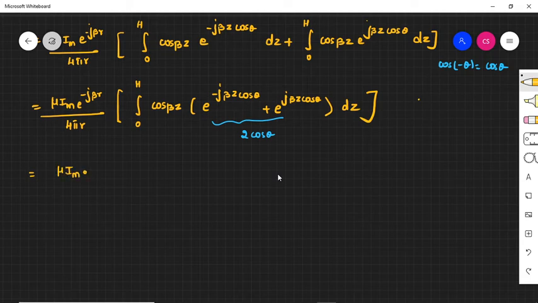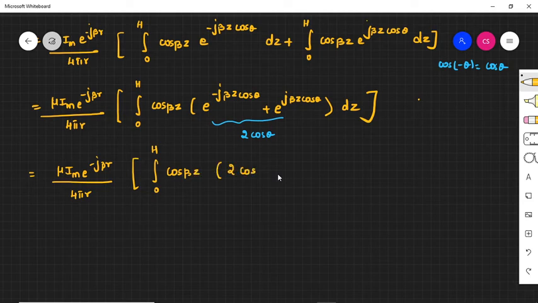So this becomes mu Im e power minus j beta r divided by 4 pi r integration of 0 to h cos beta z. So this becomes 2 cos, my theta value is this term, so it is cos beta z cos theta into dz. So we need to simplify further.